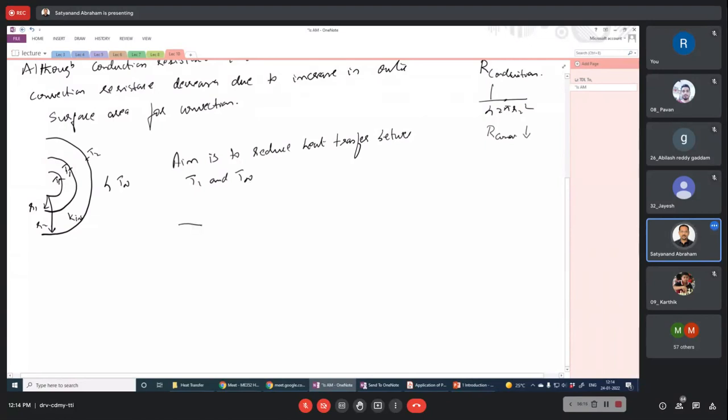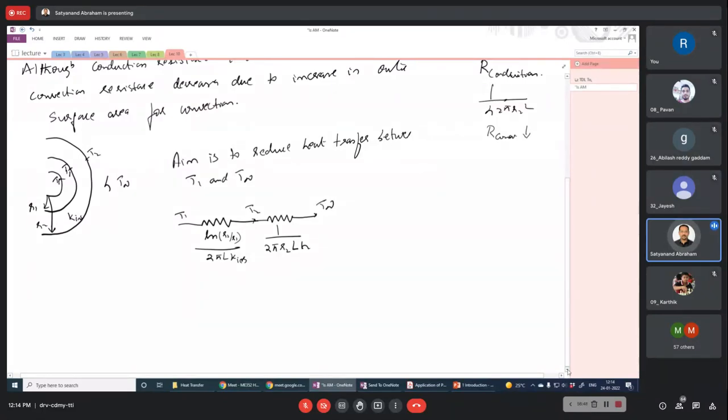If you write the thermal resistance circuit, from T1 we are going to have ln R2 by R1 divided by 2 pi Lk, and then T2. Then the convective resistance is 1 by 2 pi R2 into L into H. K insulation we can write. So here we have T infinity.